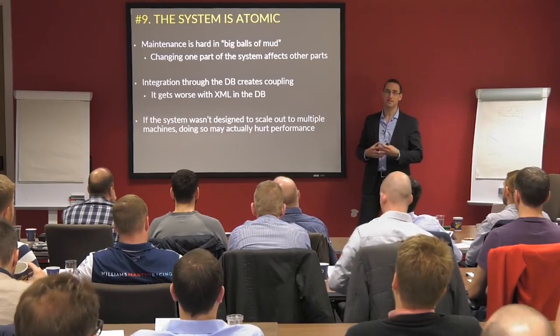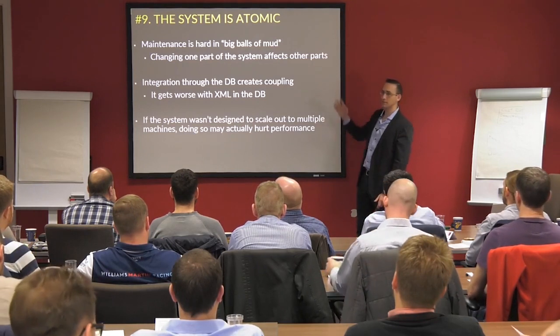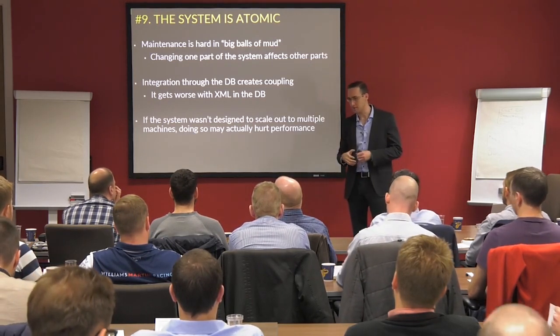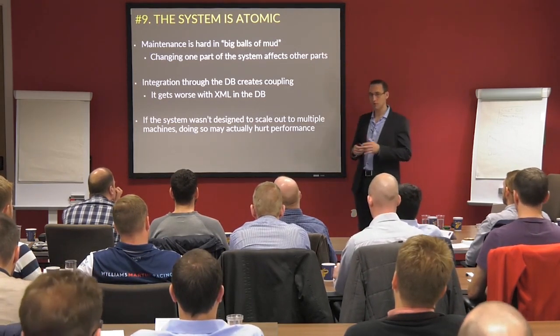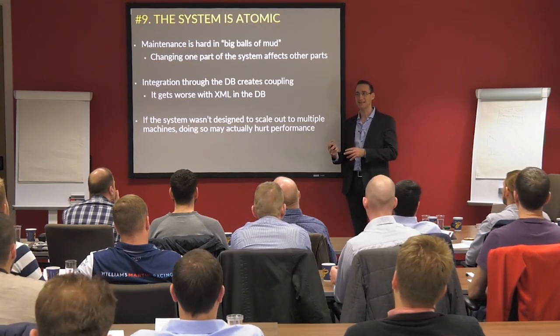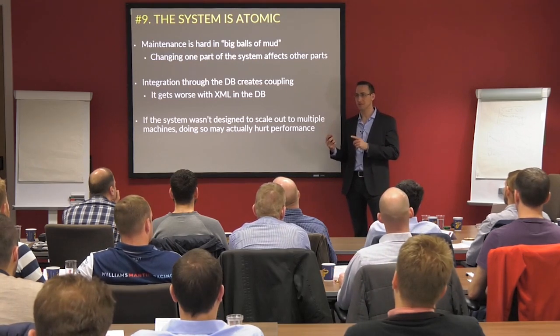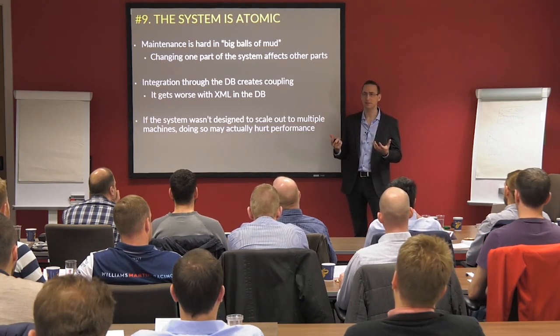The thing that makes a big ball of mud a big ball of mud is that you change one part of the system, you end up affecting, usually breaking some other part of the system. But the important thing to clarify is that the other parts of the system don't necessarily stop compiling, right?